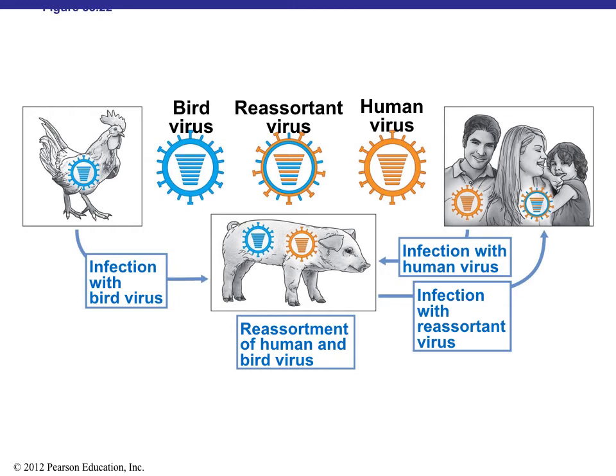You can see 8 different pieces inside each of these viruses, and these 8 different pieces, in the case of a bird virus and the human virus, are either orange or blue. But when both of them infect the same host, same cell, and they mix these pieces of genetic material, you will have a new virus that contains both orange and blue pieces of genetic material. So this is a reassorted virus and a new virus.